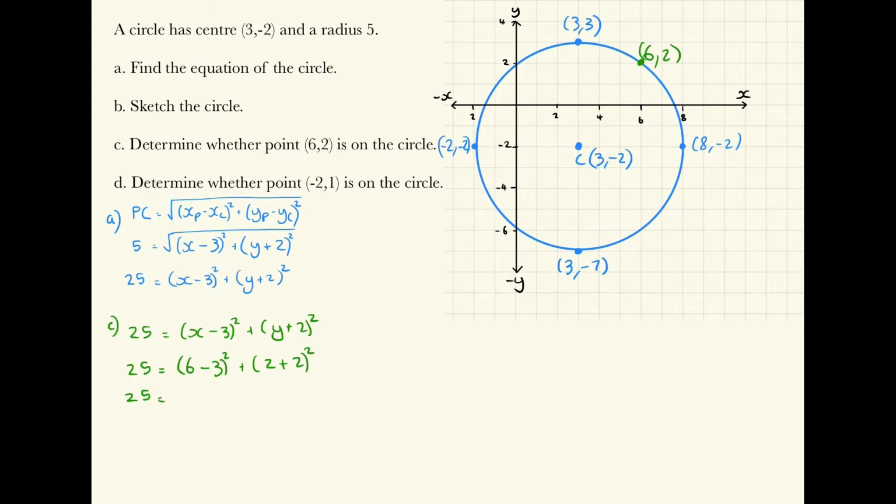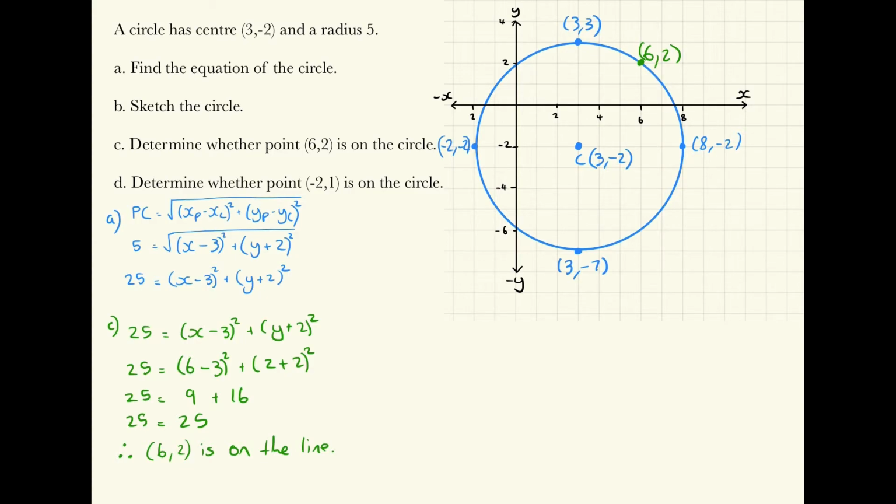So 6 minus 3 is 3. 3 squared is 9. So 9 plus 2 plus 2 is 4. 4 squared is 16. 25 equals 25. Our left-hand side is equal to our right-hand side. Therefore, 6, 2 is on the line.